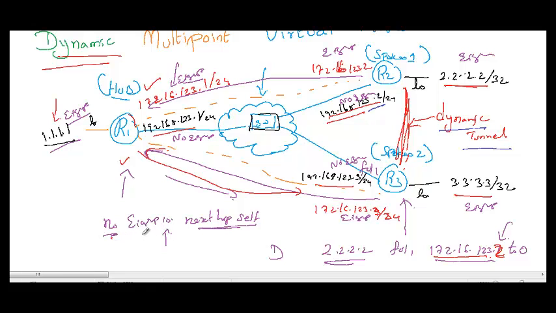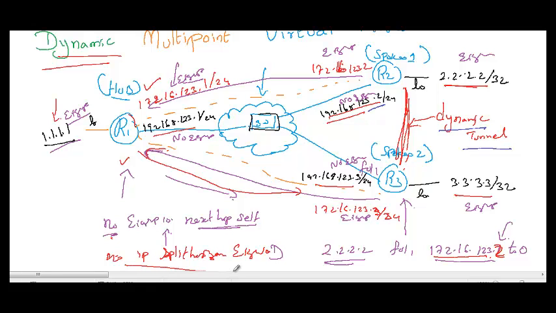No ip next-hop-self eigrp 10 is one command, and there is one more command. What is that? Split horizon: no ip split-horizon eigrp 10. That is the command. What will this command do?